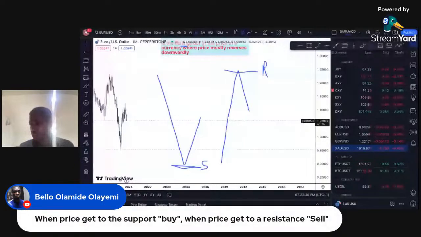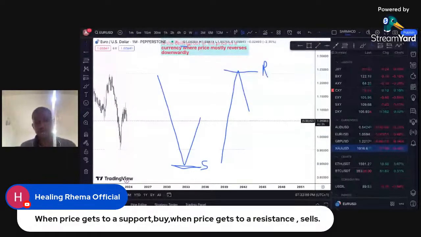Let other people put it in the chat box. When price gets to the support, buy. When price gets to the resistance, sell. Absolutely. Good one, Inirema. I'm consciously repeating it because I want it to enter into your mind.